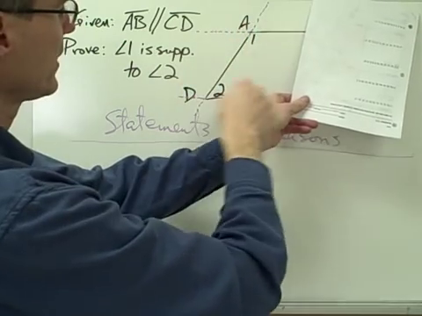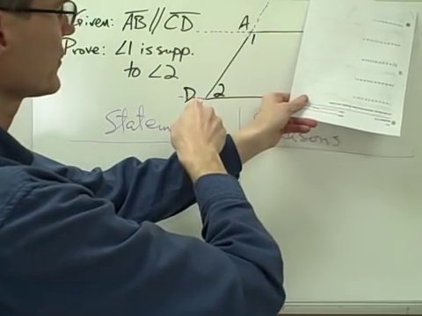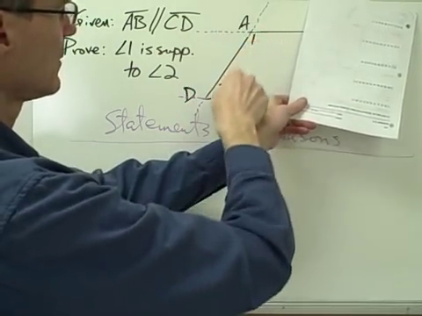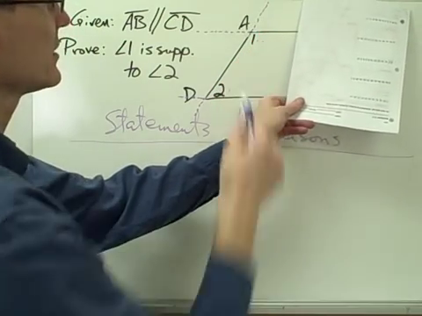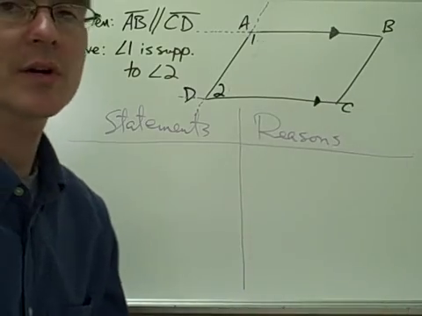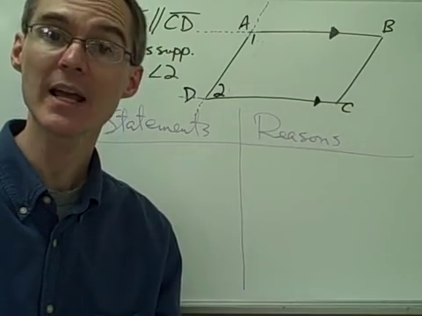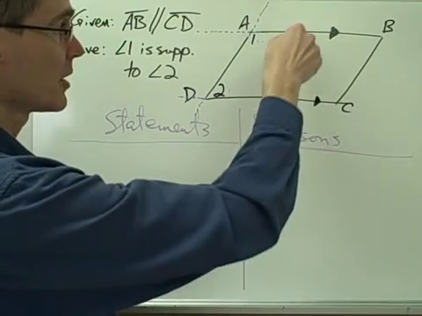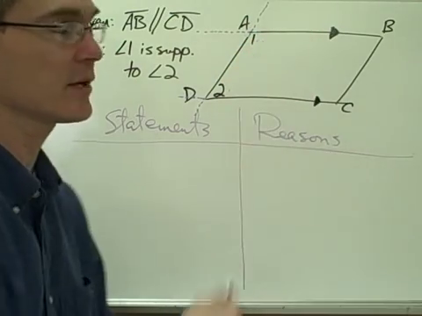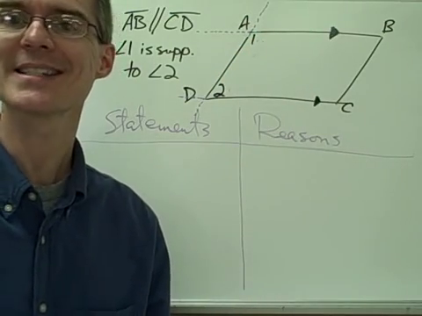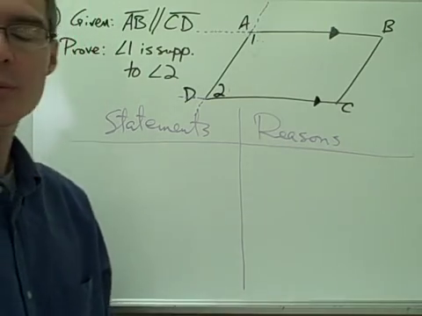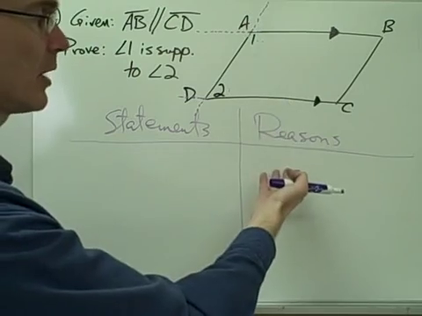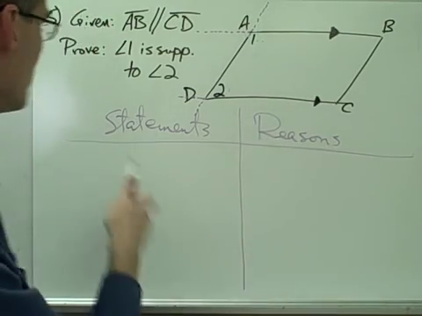Now I can see I've got 2 parallel lines cut by a transversal, and these 2 angles, angle 1 and angle 2, are same side interior angles. Something that I know about same side interior angles is if 2 parallel lines are cut by a transversal, same side interior angles are supplementary. That's the same side interior angles theorem that we just proved. Since we proved that theorem, we can now use that theorem as a reason in other proofs.